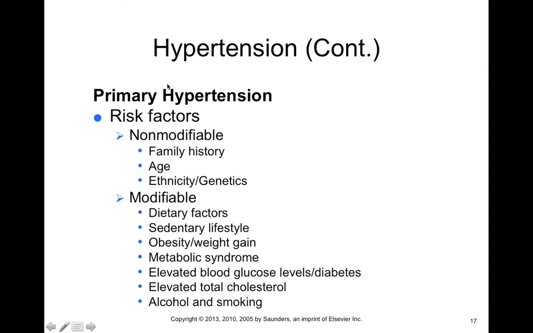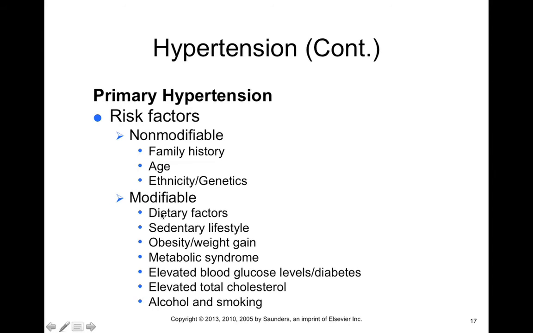Some of the risk factors for primary hypertension, we have the non-modifiable and modifiable risk factors. The non-modifiable risk factors are the things that you can't change, things like family history, age, ethnicity, and genetics. Otherwise, we have modifiable risk factors for primary hypertension like dietary factors, sedentary lifestyle, obesity, weight gain, metabolic syndrome, blood glucose levels, diabetes, cholesterol, alcohol, smoking. So these modifiable risk factors are the ones that are changeable.